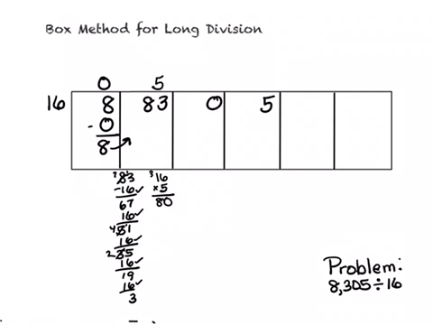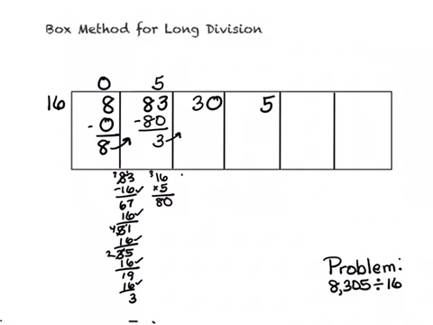So there's 5 16s in that box, which is going to take away 80. And that leaves 3 in the box. So we carry that 3 to the next box. And then we say, okay, use your work. We don't ever let them erase their work. And we say, 5 16s was 80. So is this going to be more than 5 or less than 5? And we have them guess.